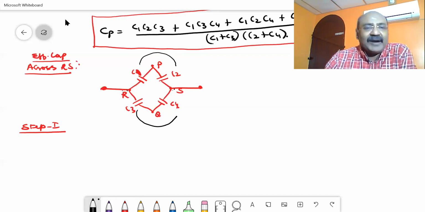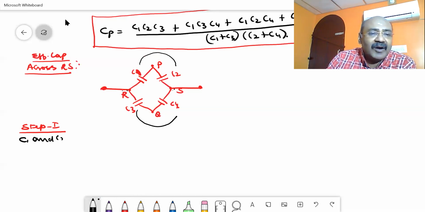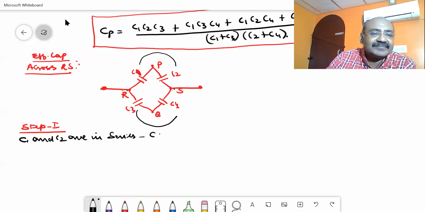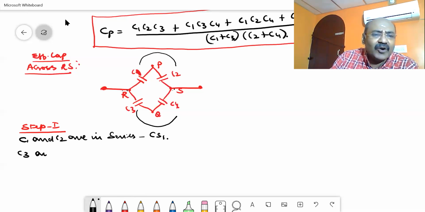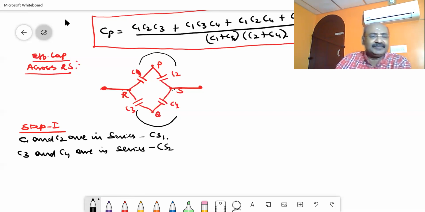So in step 1, C1 and C2 are in series; let us consider it as CS1. Similarly, on the other side, C3 and C4 are in series; let us consider that CS2.